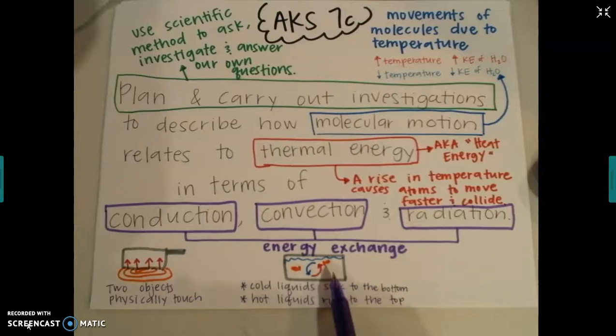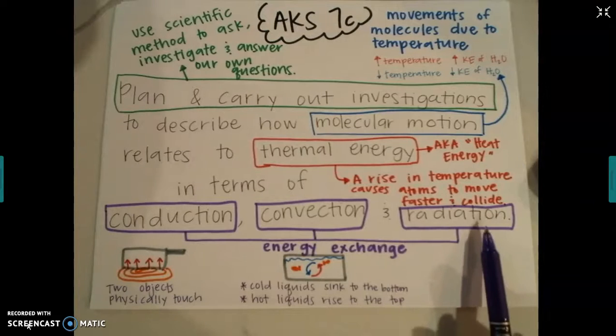So as I see in my aquarium, I can see that the cold liquid is sinking to the bottom, the hot liquid is rising to the top, and they will continue this process of convection until they reach equilibrium, where all molecules of water throughout the aquarium are the same temperature.